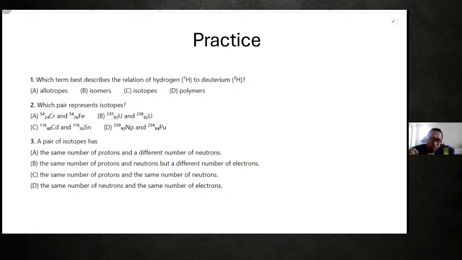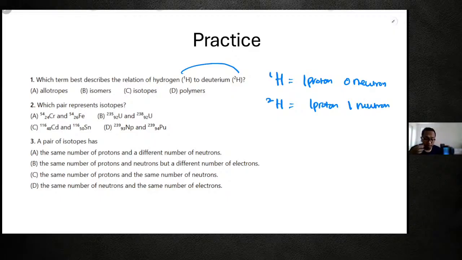Which term best describes the relation of hydrogen to deuterium, which both have different masses? The hydrogen has 1, the deuterium is 2. Now we need to understand the concept behind it. Hydrogen 1 has 1 proton and 0 neutrons, and deuterium has 1 proton and 1 neutron.